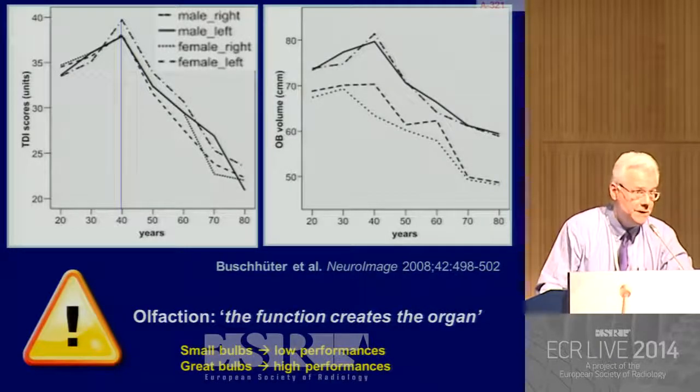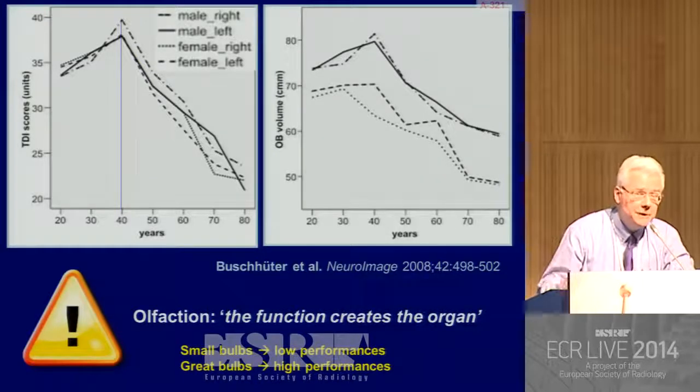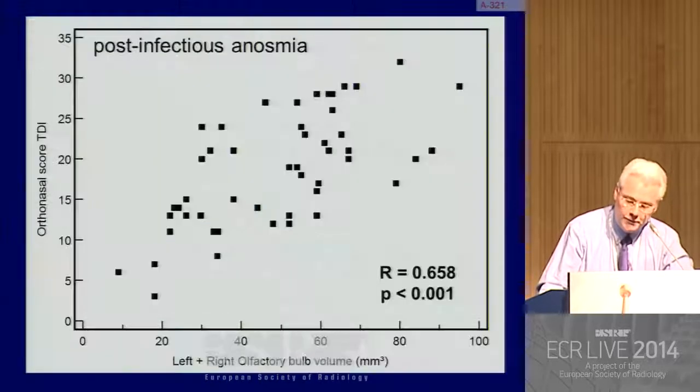And this is of major interest in clinical practice, of course, because if the patient no longer smells after influenza or coryza and so on, and if you document small bulbs, hope for recovering normal function is almost lost.